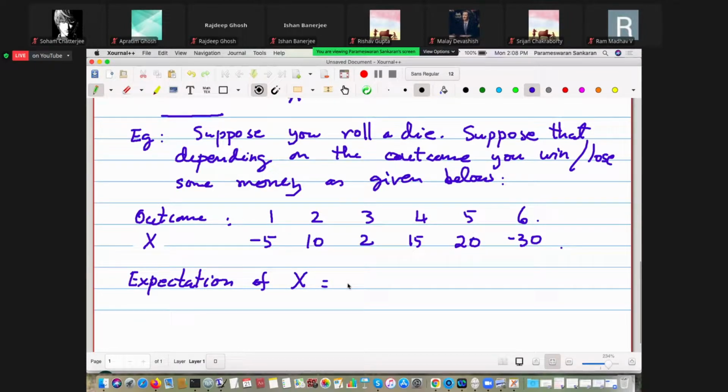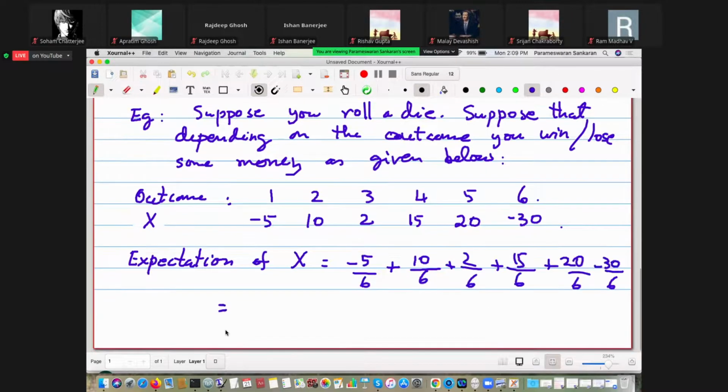So minus 5 by 6, plus 10 by 6, plus 2 by 6, plus 15 by 6, plus 20 by 6, and minus 30 by 6. You can add up, and that is your expectation.